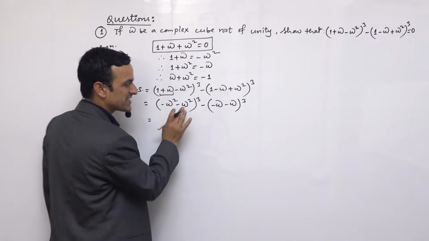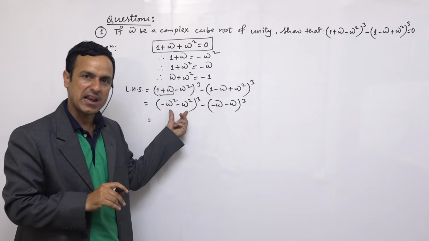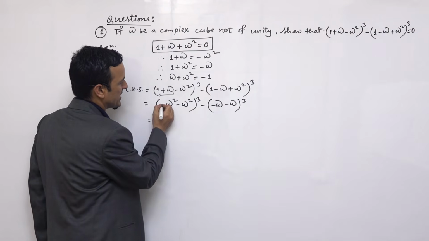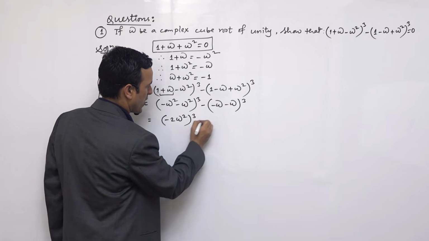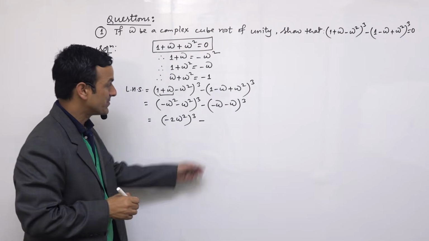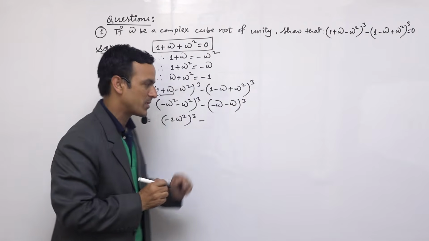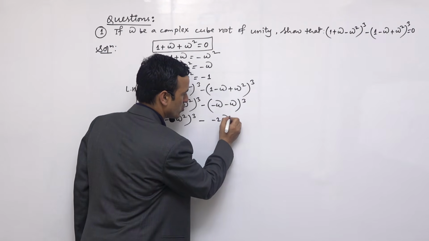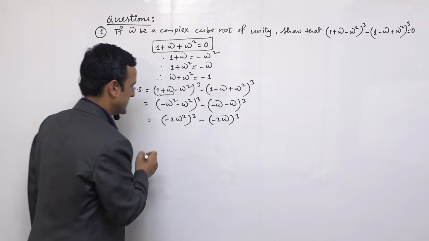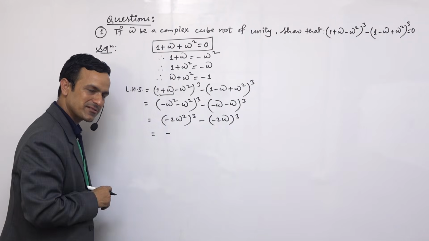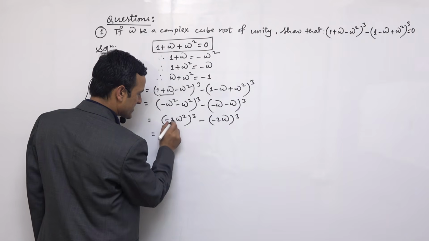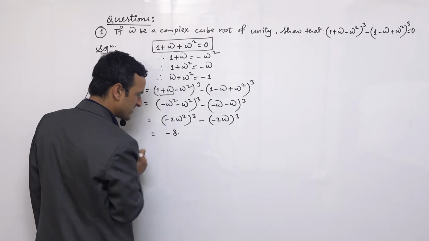So we can add this and this because they are like terms. So minus omega square plus minus omega square means minus 2 omega square, whole cube. And similarly, minus omega and minus omega means minus 2 omega, whole cube. So if we solve it, minus 2 cube means minus, 2 to the power 3 means 8.